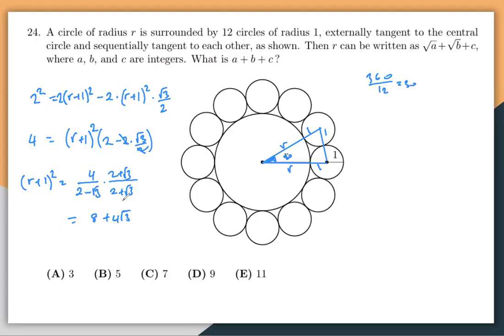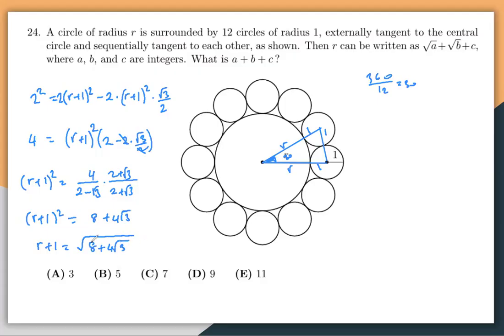The bottom one will be 4 minus 3, which is 1, so there's nothing really left over. And then at this point, we can take the square root, so you will get R plus 1 is equal to the square root of 8 plus 4 root 3.